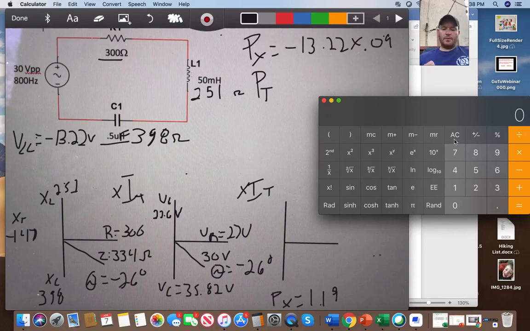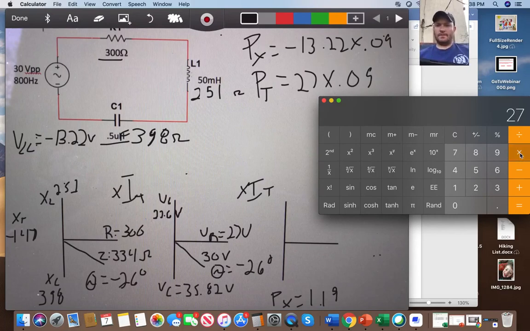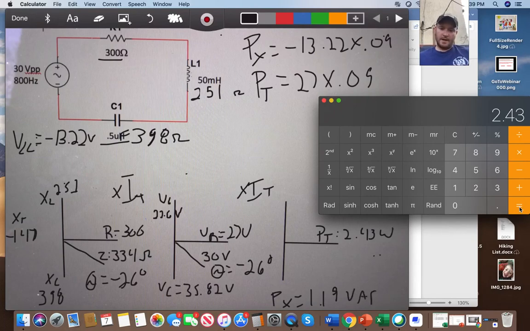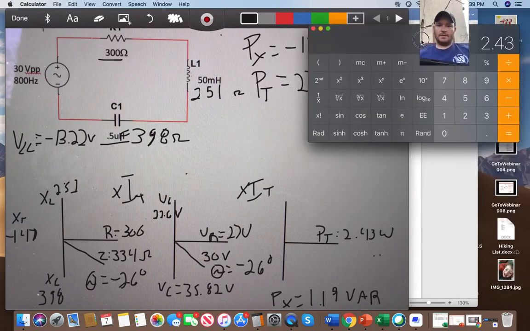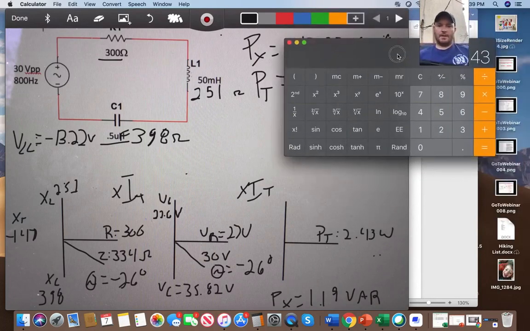Our true power across our resistor would be 27 times 0.09. So let's go ahead and run this. 27 times 0.09 equals 2.43, and this would be watts. This would be VAR down here. And the last one is our apparent power.